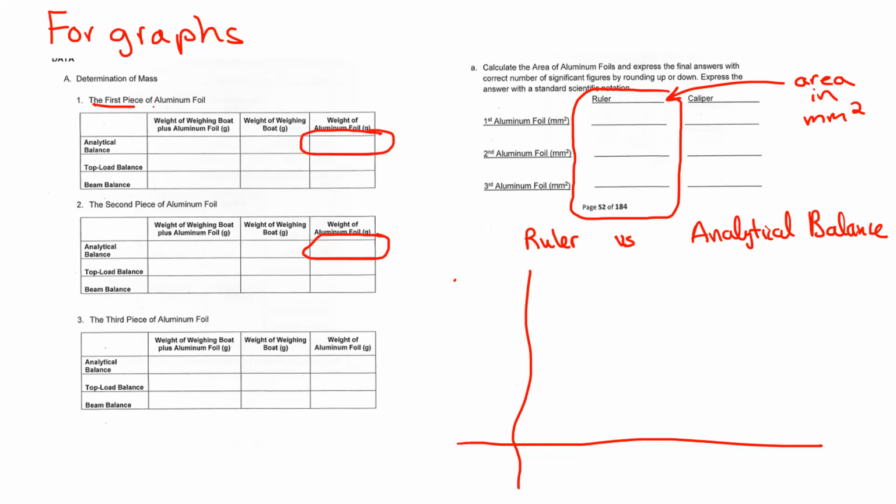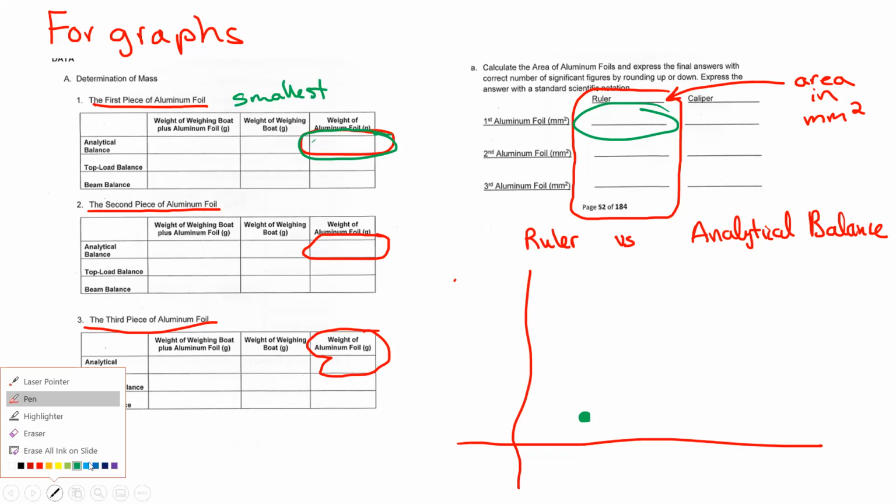See, it's the first piece of aluminum, second piece of aluminum, third piece of aluminum. I'll try to color coordinate these. For example, you take this area and this mass, and we'll say this is your smallest piece, which gives you some point here.